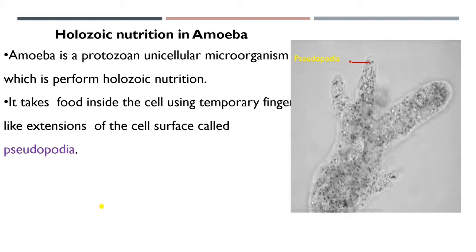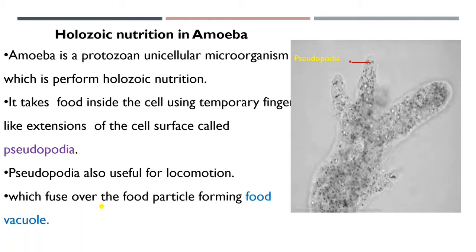So they are useful for locomotion as well as intake of the food into the cytoplasm. When both pseudopodia fuse around the food particle, it forms a food vacuole.